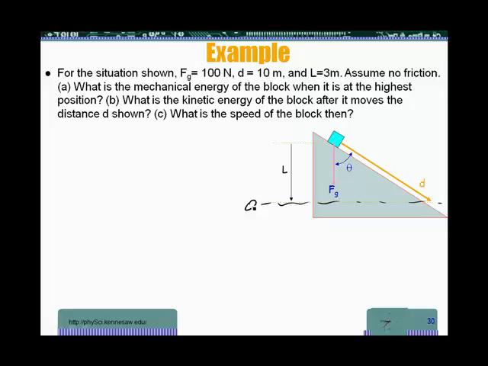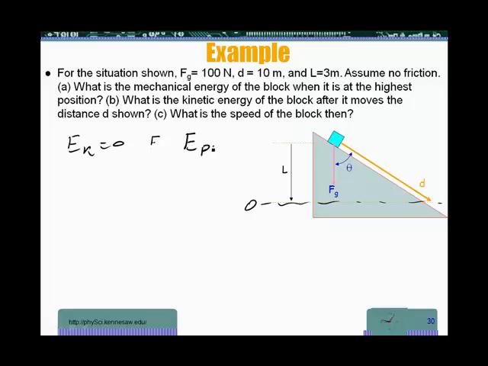Now, when it is at the highest position, it's starting from rest, so its kinetic energy is going to be equal to 0. There is no spring, so we don't have to worry about spring potential energy.